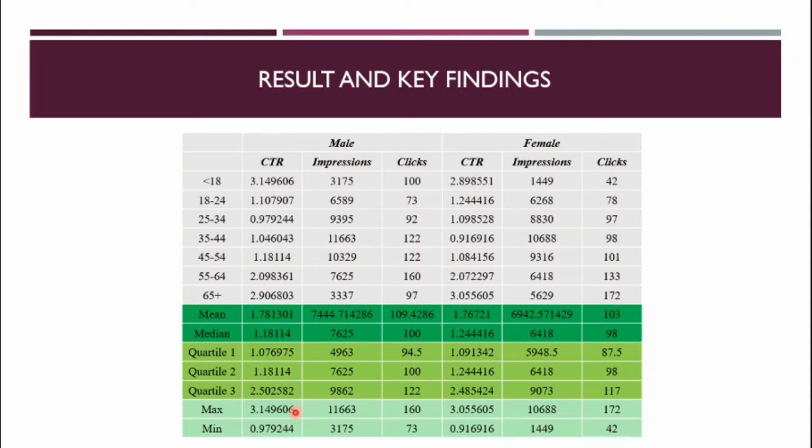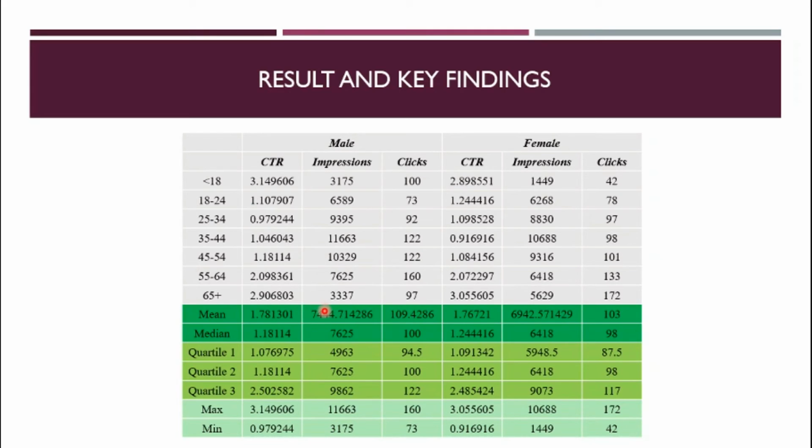And for the maximum CTR for male it is 3.1496, which we can find over here, and the minimum is 0.9. Whereas for female, the maximum is 3.0, whereas the minimum is 0.09.